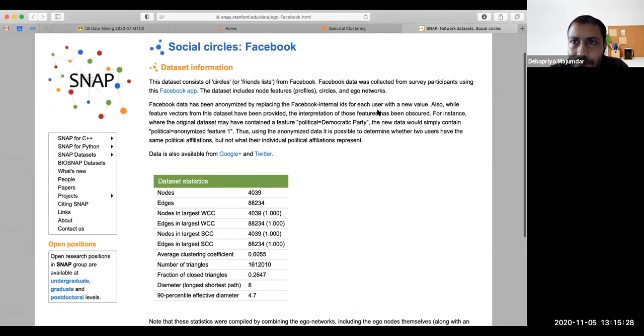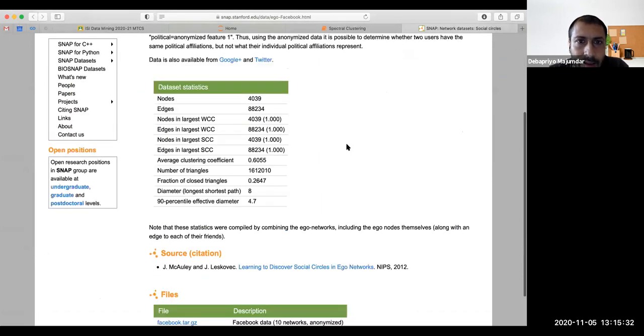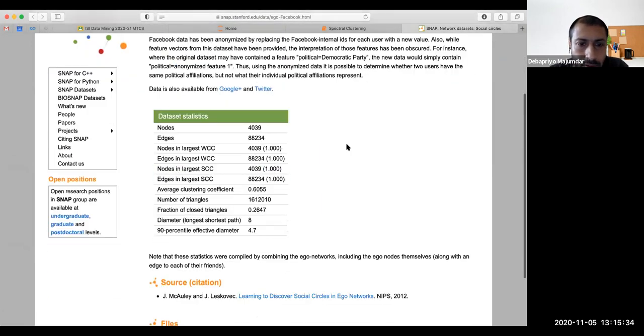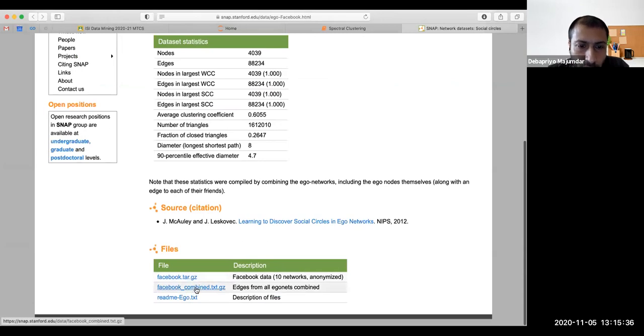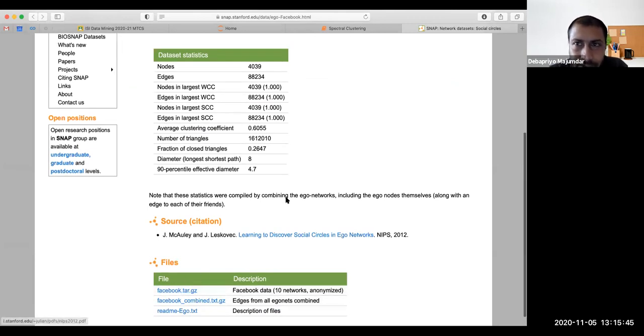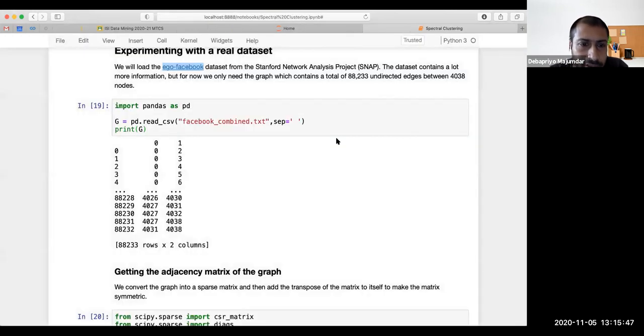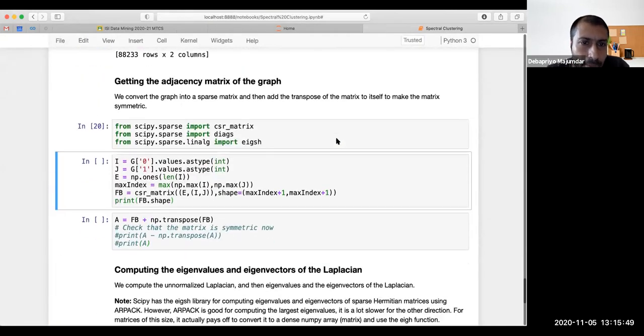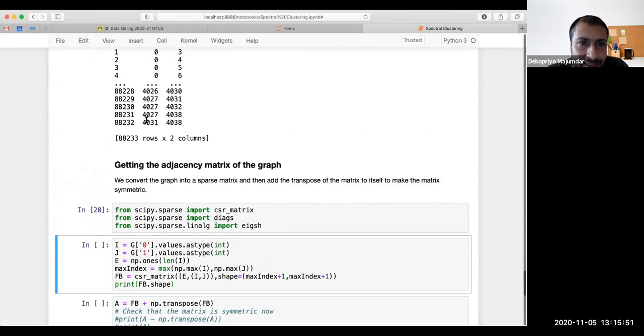So basically, they have several more information on this data. Hold on. This facebook_combined.txt is the file I'm using, but in the tar.gz there are lots of ego networks and many other different things. If you download, you can actually use them. All right. So our goal is basically just the graph.